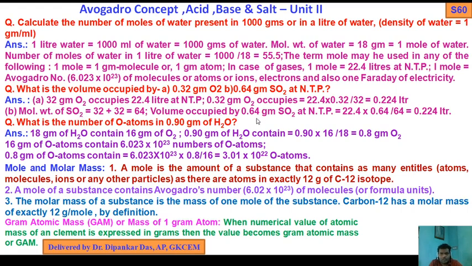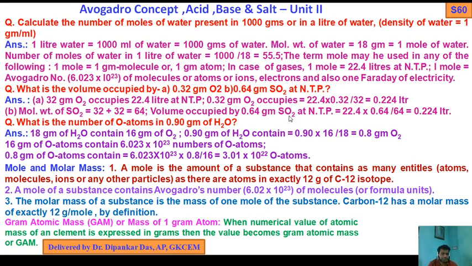So the volume occupied by 0.64 gram of SO2 at NTP is 22.4 into 0.64 by 64 molar mass. So you get 0.224 liter. So that is the volume occupied by both the gases, oxygen gas and sulfur dioxide gas.